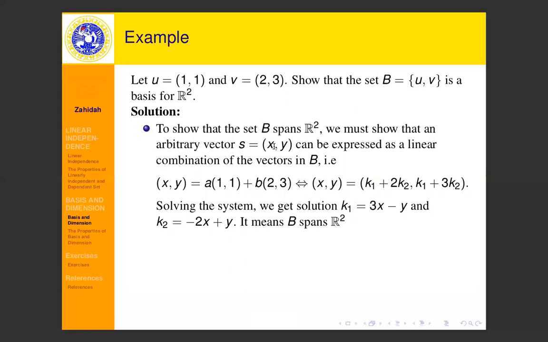So we have (x, y) equals k1 times (1, 1) plus k2 times (2, 3). Oh, okay, I made a typo. This should be k1, our scalar here, and k2.